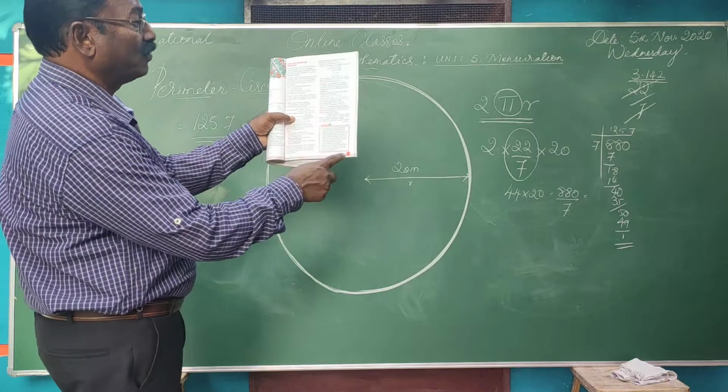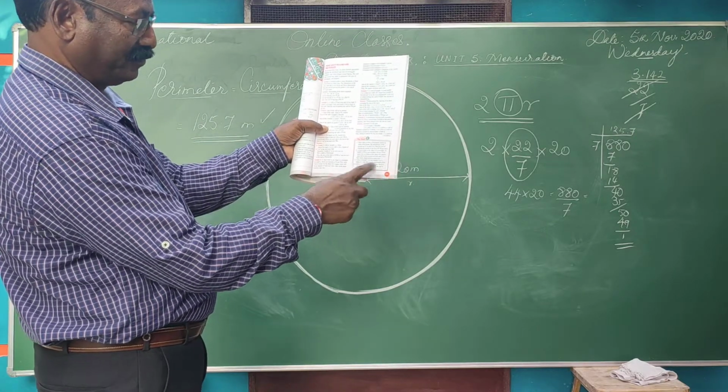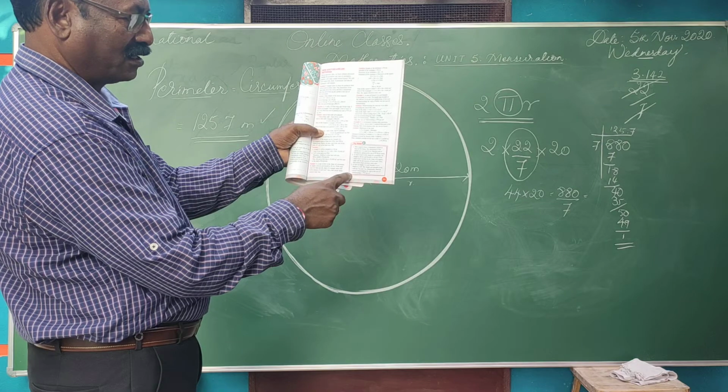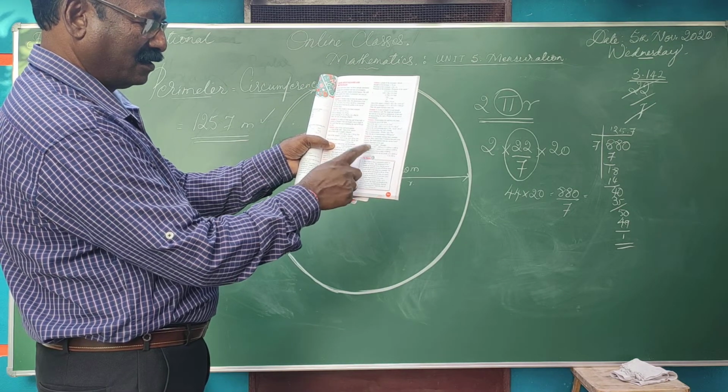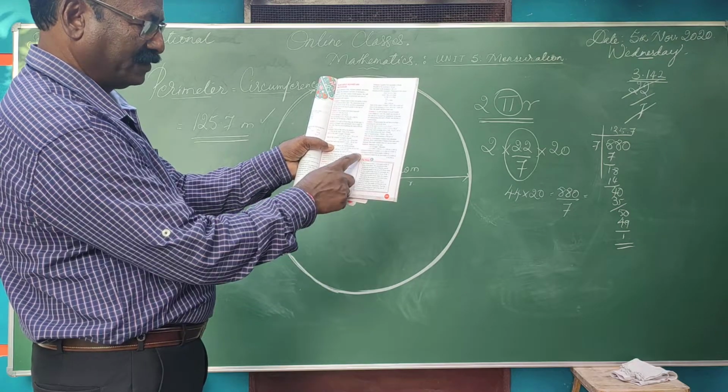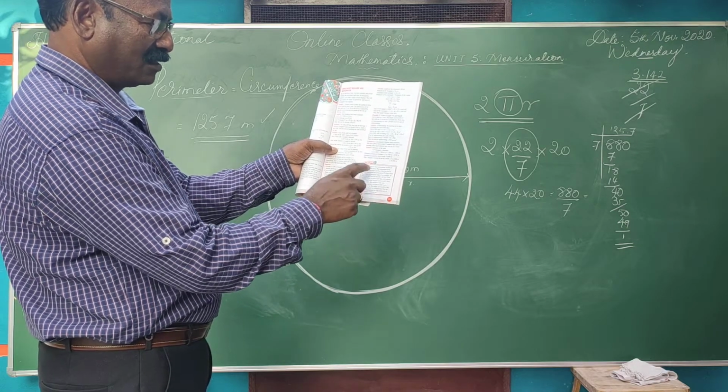On page number 221, there is a checkerboard, or the task is given. Task number 1 is given in a box. Let us try to solve this.